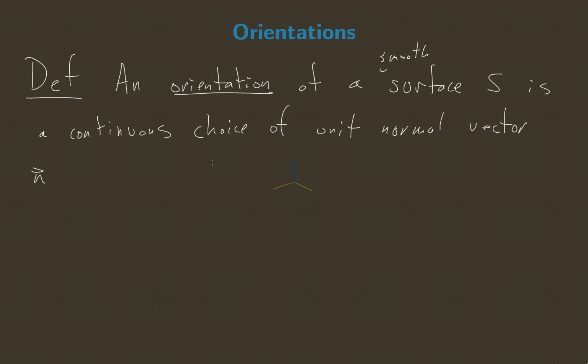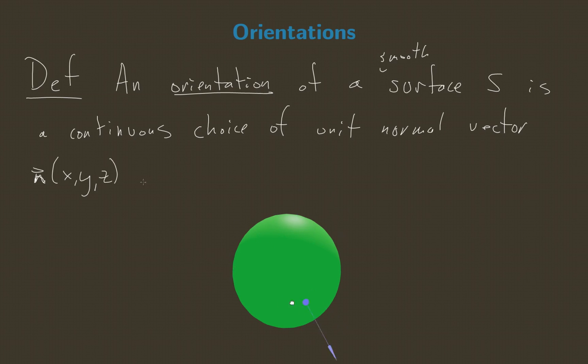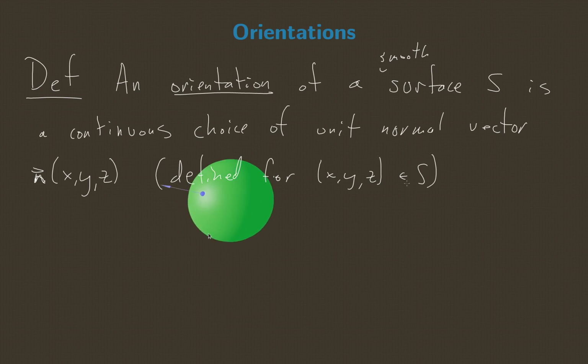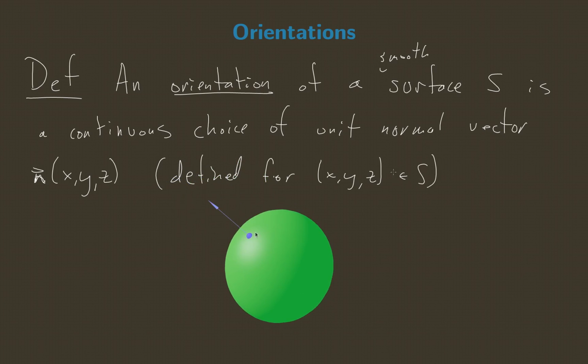For instance, for the sphere, we could take this normal vector to be the same vector as the vector pointing from the origin to the sphere. So it's n(x, y, z), defined for x, y, z in your surface, and it has to always be normal to the surface.